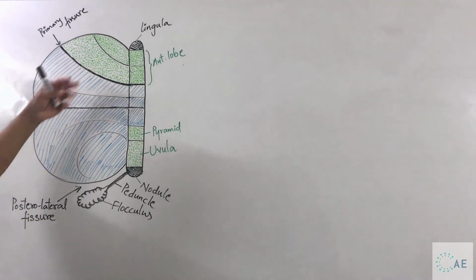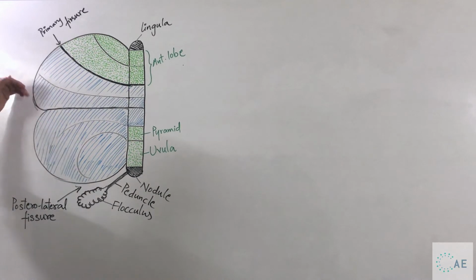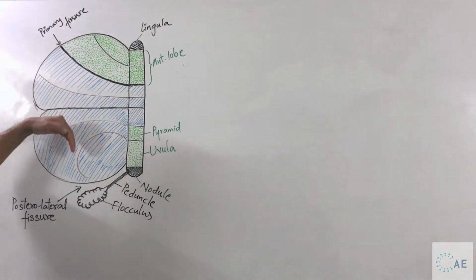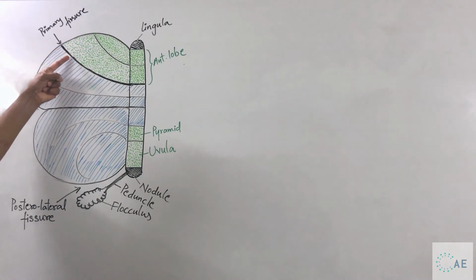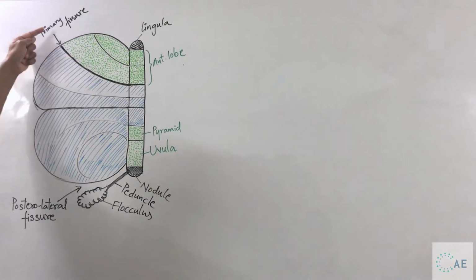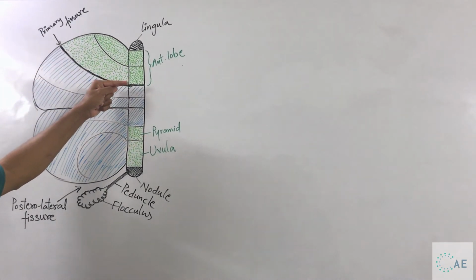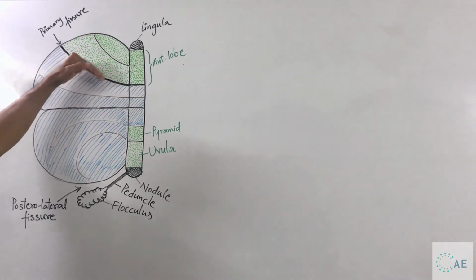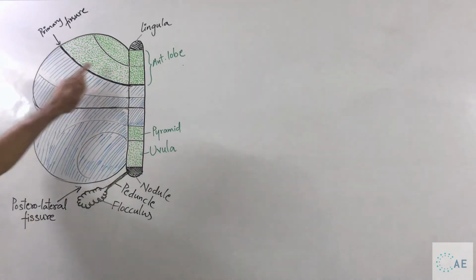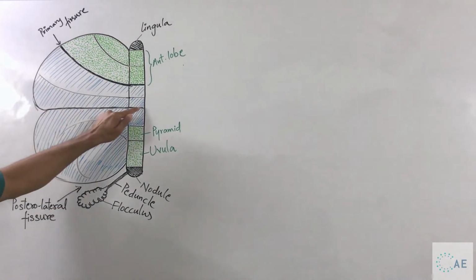Now let us come to the corpus cerebelli, the main mass of the cerebellum, and it is separated into two lobes, anterior lobe and posterior lobe, by a fissure which you can see here, called the primary fissure. The primary fissure is present on the superior aspect of the cerebellum, separating the anterior lobe from the posterior lobe. Here this is the horizontal fissure.